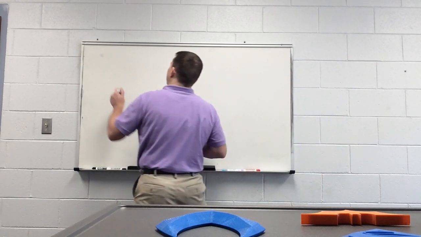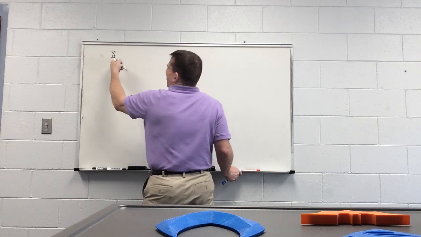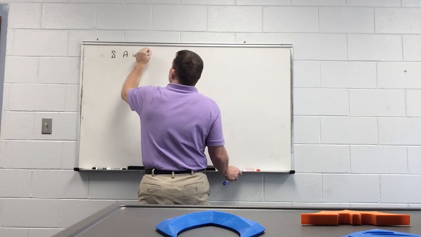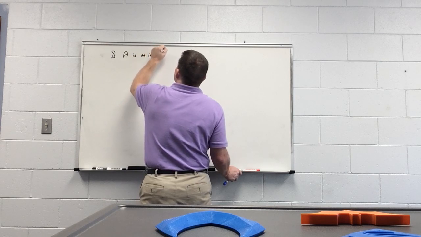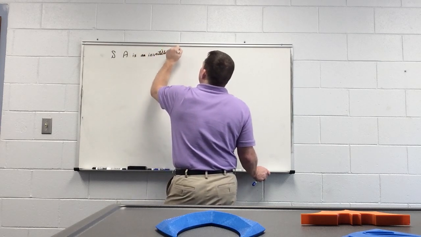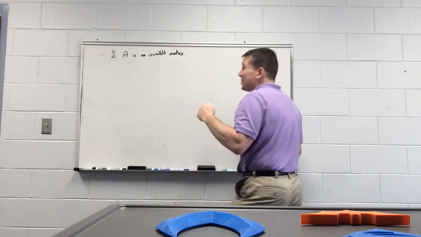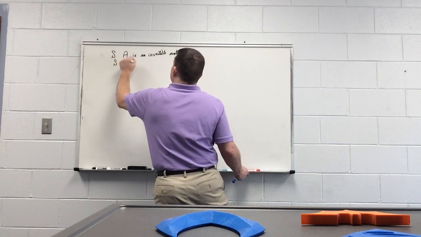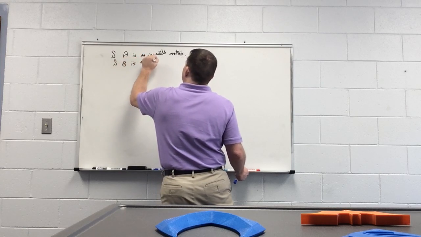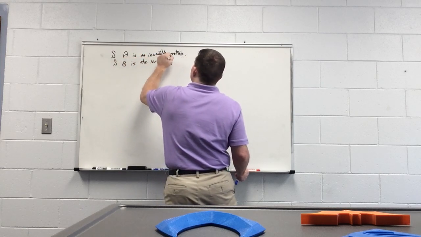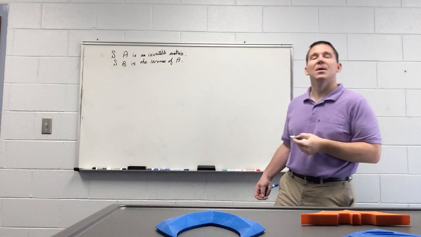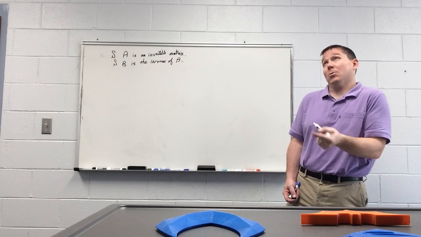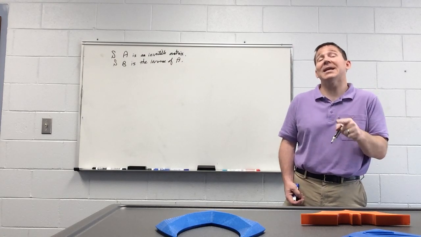Well, let's check. Suppose that A is an invertible matrix, which just means that it has an inverse. So suppose that B is the inverse of A. I want to show that B is unique, or that I can find a second matrix, a second inverse.